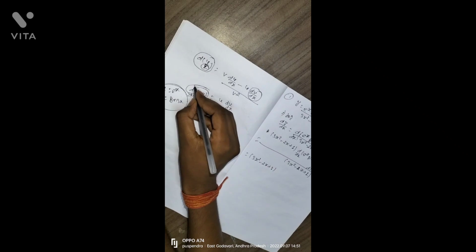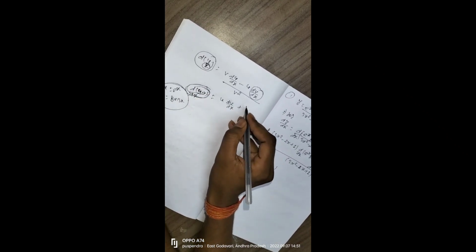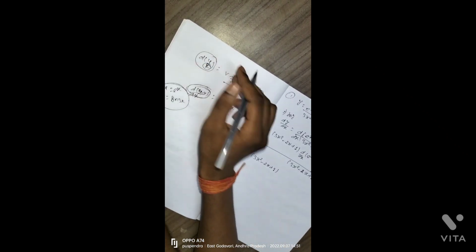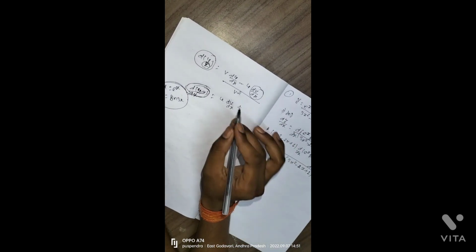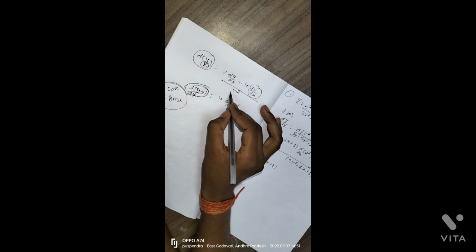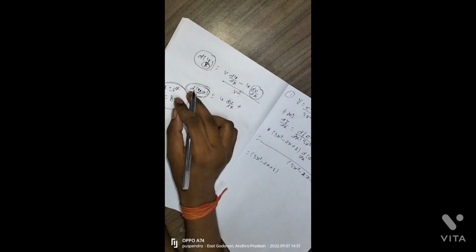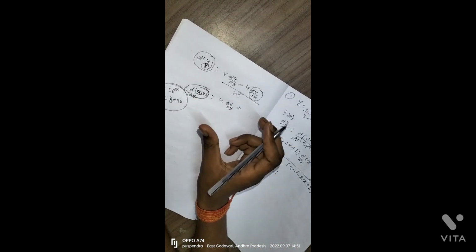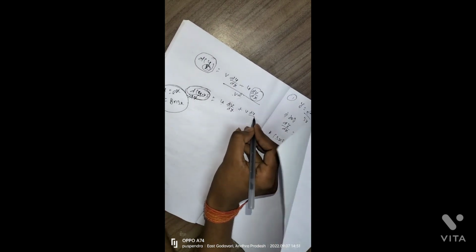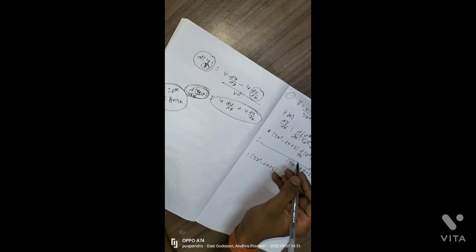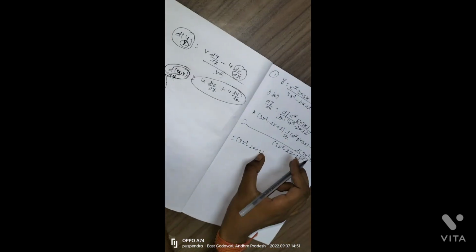In the product rule it will be plus, but in the divide rule, means division, it will be minus. That is the only difference here. And another difference is here it will be v square, but in the product rule there will not be v square. u dv by dx plus v du by dx. Understood? Now we'll use this formula here.